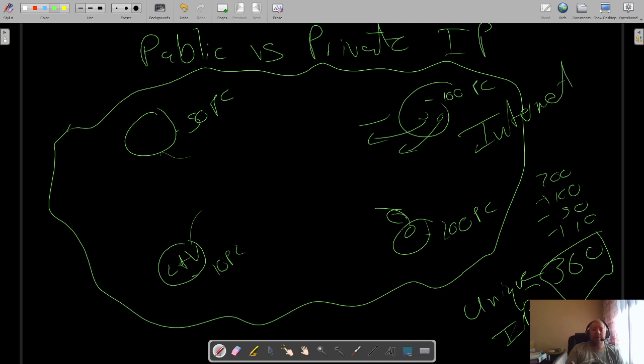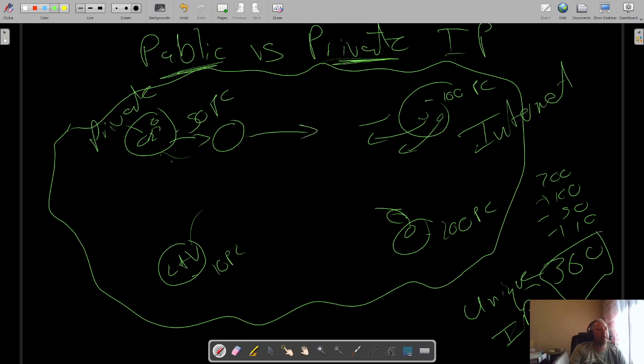So what the powers that be, specifically the IETF, an organization that standardizes IP addresses, have said is that if you're running in a LAN, you must use private IP addresses to communicate inside the network. But as soon as you want to communicate outside of the network to something on the other side, then you would need a public IP address.